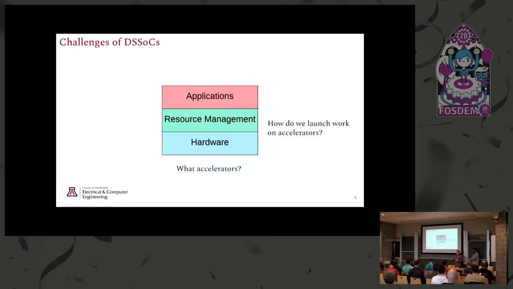How do you launch work onto accelerators in some kind of standardized way? This chip is going to need to handle a variety of accelerators, and we want the interfaces for that to be simple. What exactly are we scheduling? With a lot of heterogeneous programming, you might say we've optimized this for the GPU, and that statically, at compile time, links in support for the GPU, and it always runs there every time you run the binary.